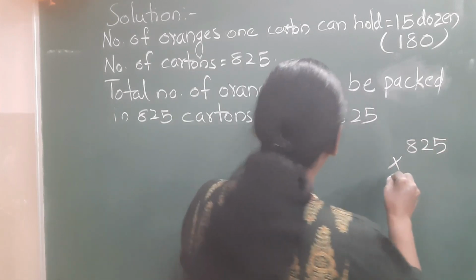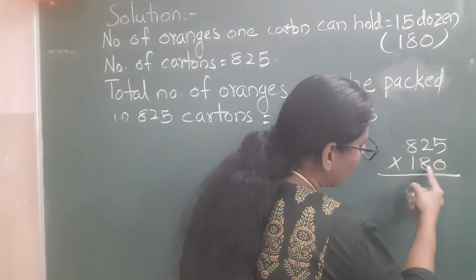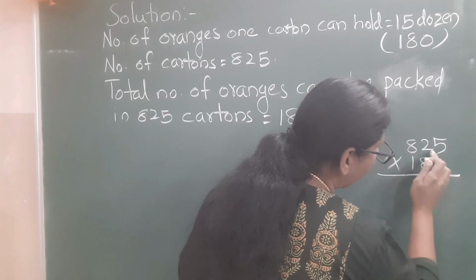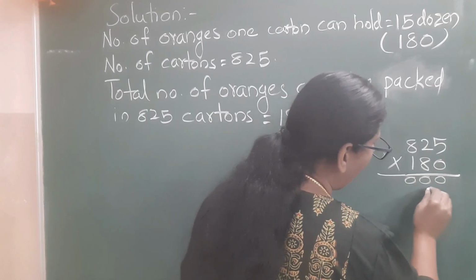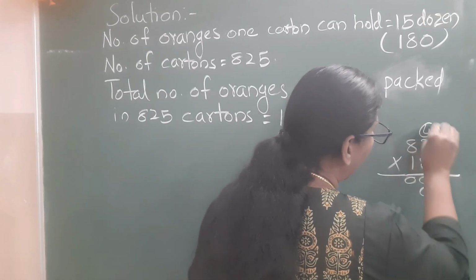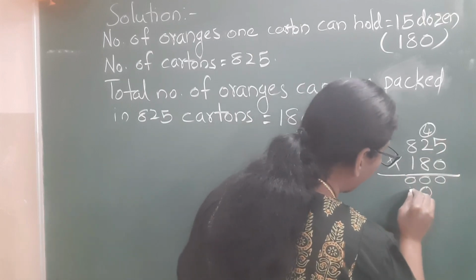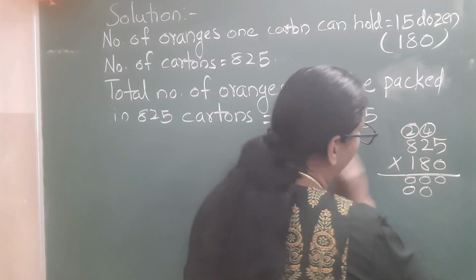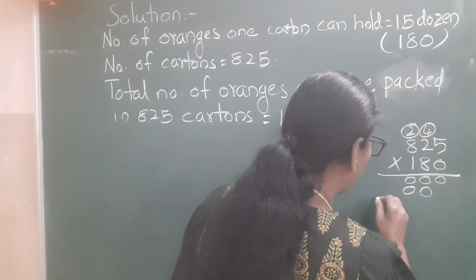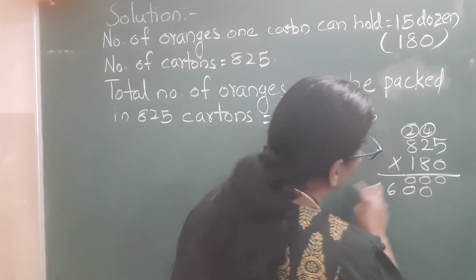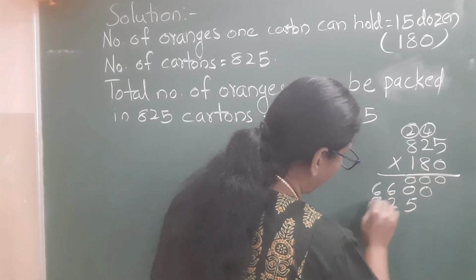Now let's do the multiplication. 825 into 180. The last digit is 0, so all zeros will be there. Now 8 5s are 40, 4 carry, 8 2s are 16 plus 4 is 20, 2 carry, 8 8s are 64, 64 plus 2 is 66, 1 5 is 5, 1 2 is 2, 1 8 is 8.